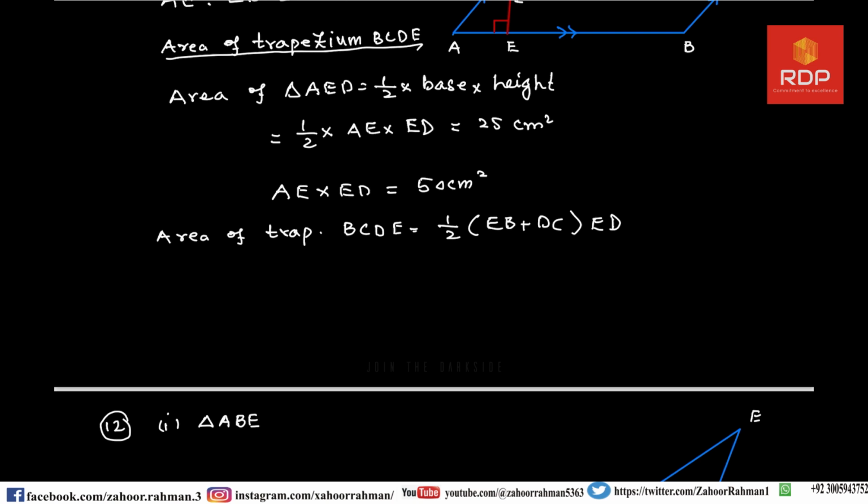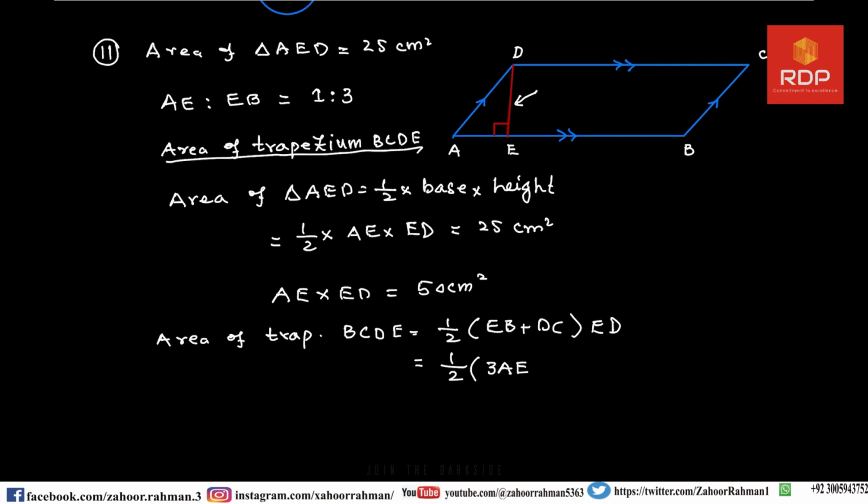Now we have to put that ratio, so it is 1 over 2, and instead of EB we can write 3AE. How? This is EB and this is AE.